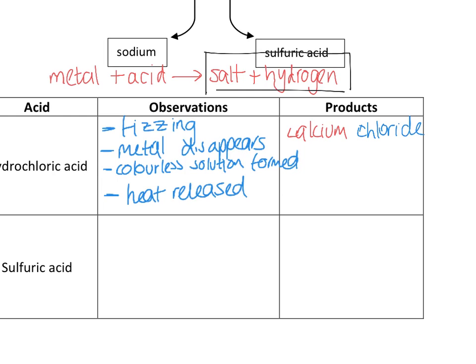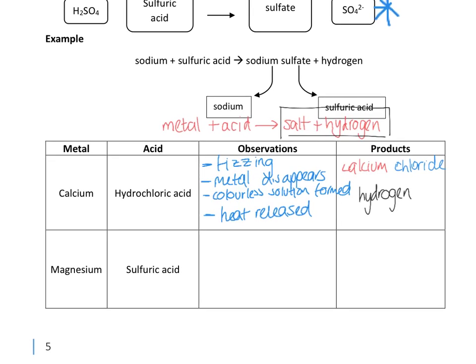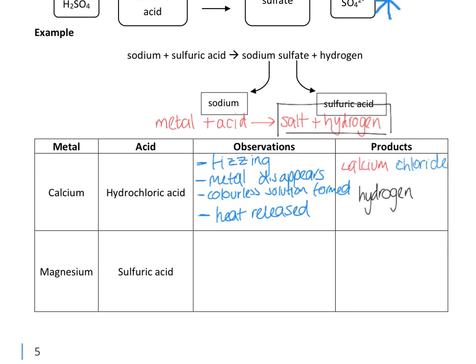So we've got calcium chloride. And what else do we always have? Hydrogen. Okay, so that is the reaction of calcium with hydrochloric acid. Be familiar with those 4 observations. They are generally the same for every metal with an acid, and we'll see that with magnesium and sulfuric acid. So on the next slide, there's a video of the reaction of magnesium and sulfuric acid.